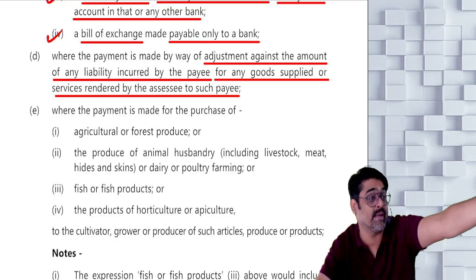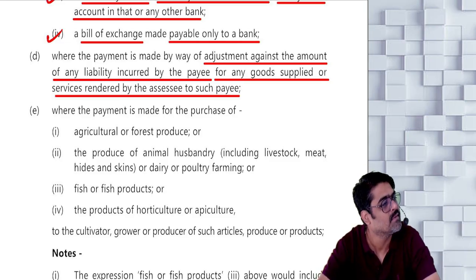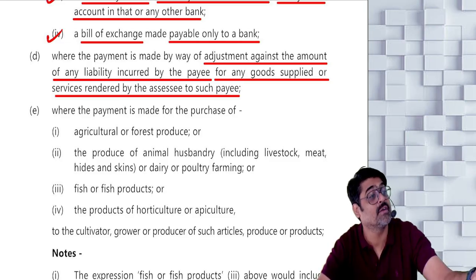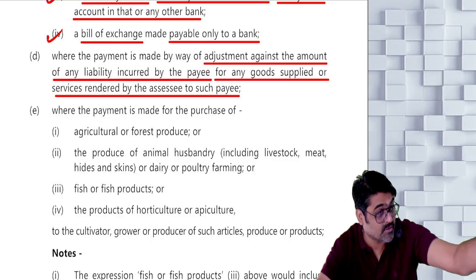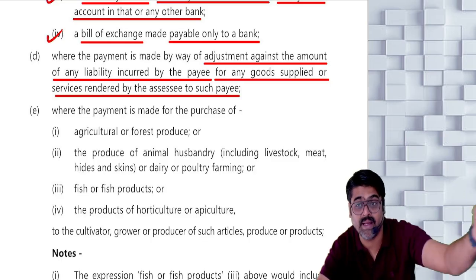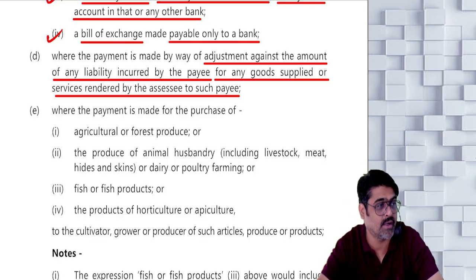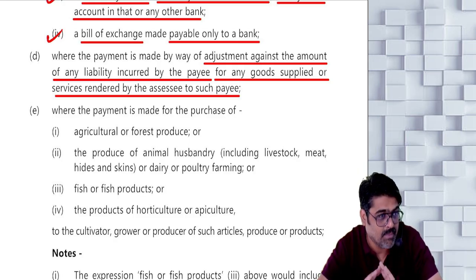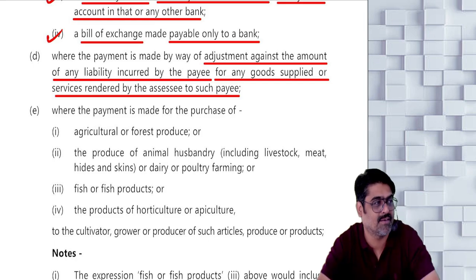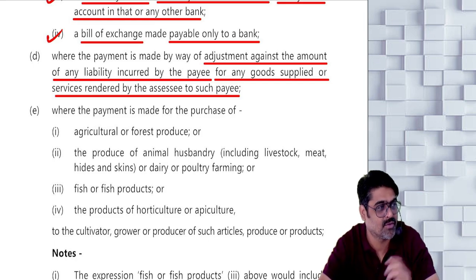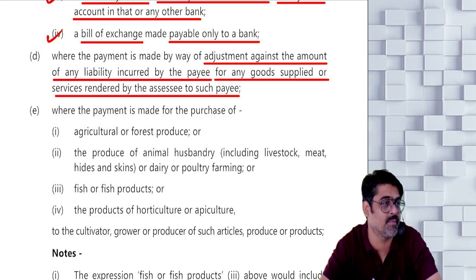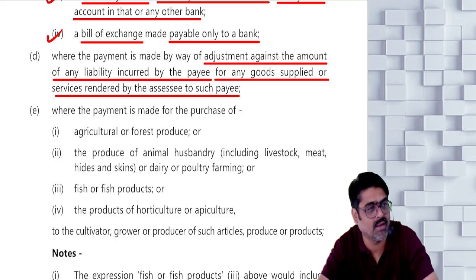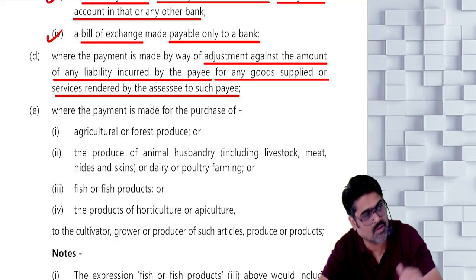That person is my creditor, because he has taken some goods or services from me. So he is my debtor for 1 lakh rupees. And now I am making a payment to that creditor. So that creditor is also a debtor for me. In my books, you are my creditor and you are also my debtor.